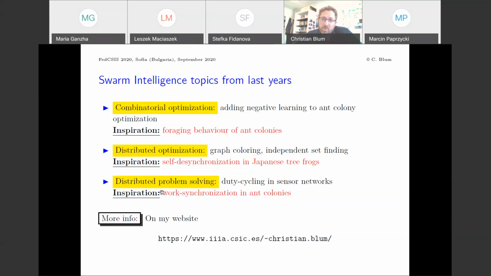We have shown this with a system based on synchronization that you find in ant colonies. At some moments in time, nearly all the ants in the colony would be inactive or sleeping, if you want, and in other moments they would be nearly all active. This is the mechanism that they use for achieving that, and we use this mechanism for duty cycling.